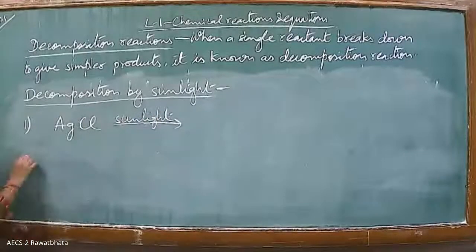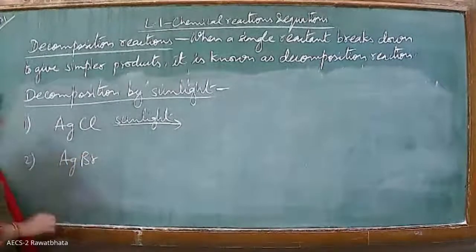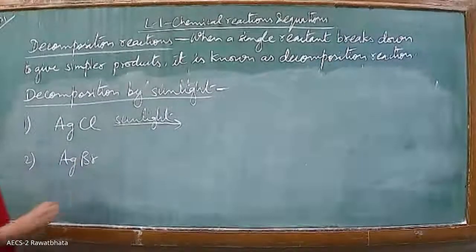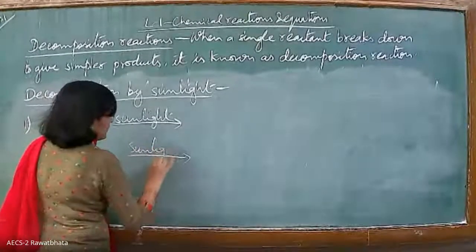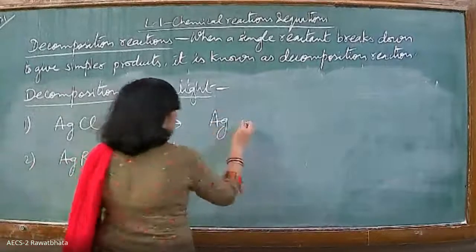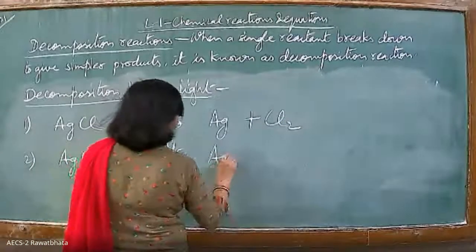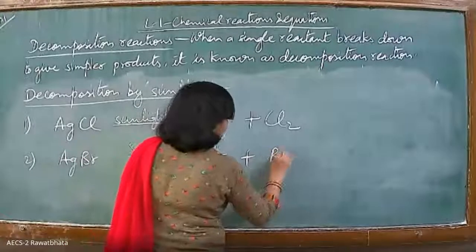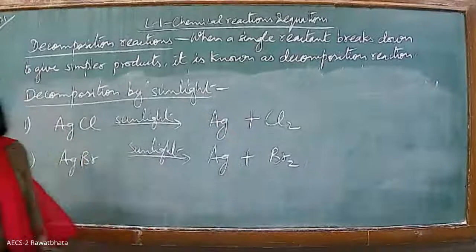Same way, second example, if we take up silver bromide, and here again sunlight. So it breaks down into silver and chlorine. This one, silver and bromine. Now we need to balance it.